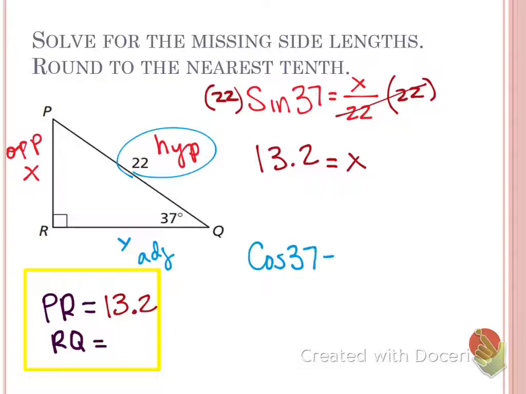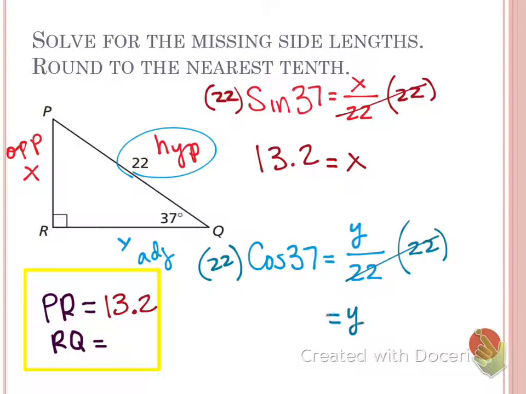From 37 equals the adjacent, which we called Y, over the hypotenuse, 22. Do I need to flip this one? No. Multiply times 22. What do we get rounded to the nearest tenth? Okay. So remember, our RQ is 17.6. We made up the letter Y.